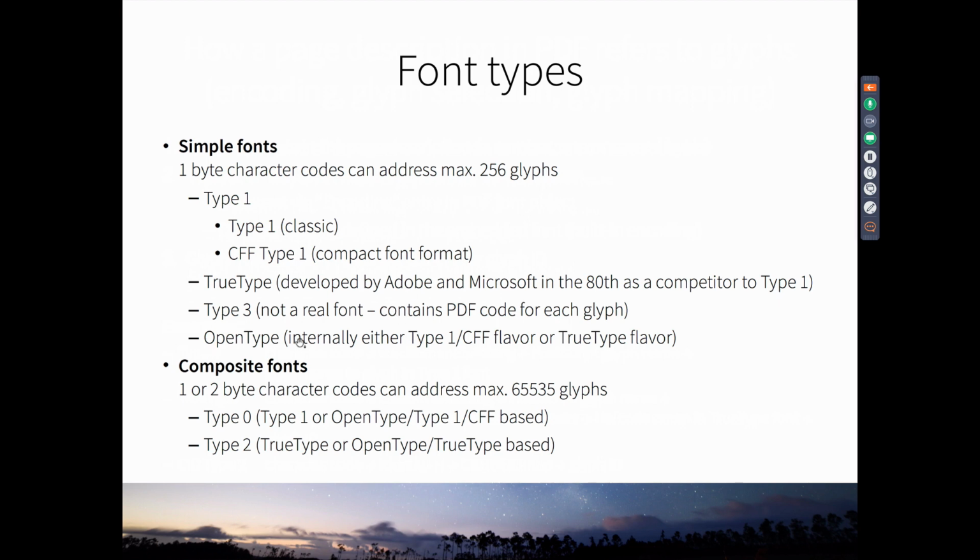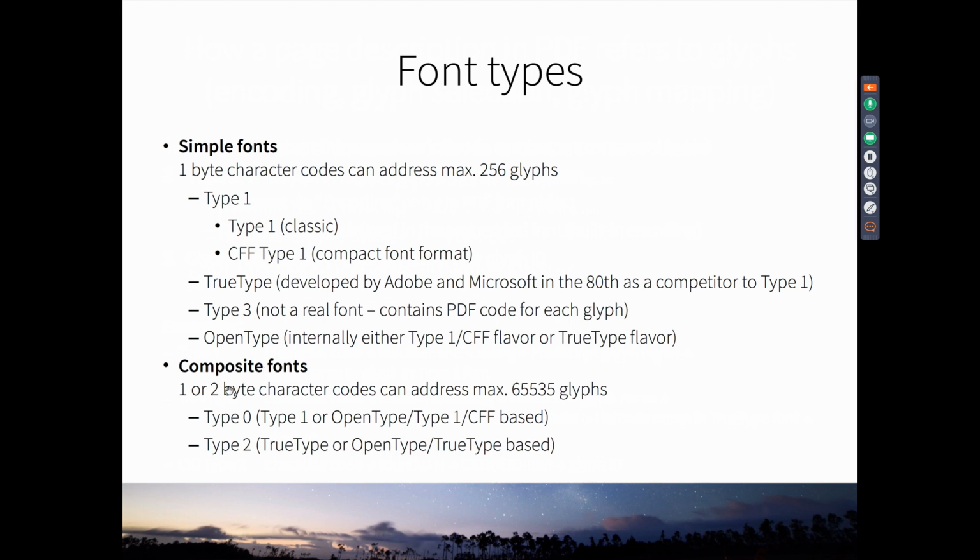And then you have OpenType, which is basically a summary if you want. Internally an OpenType font is in fact either a type 1 font or a TrueType. So technically inside there are either type 1 or TrueType with, if you want, some wrapper around.